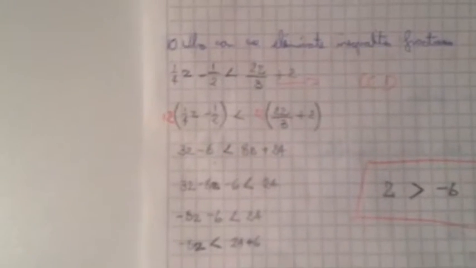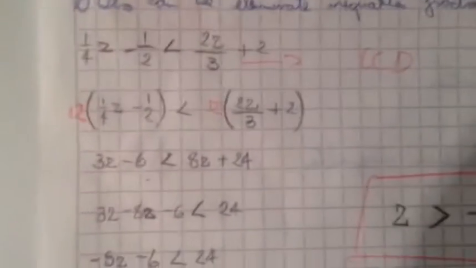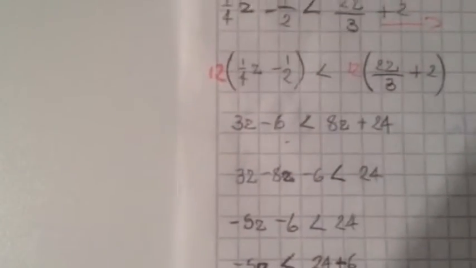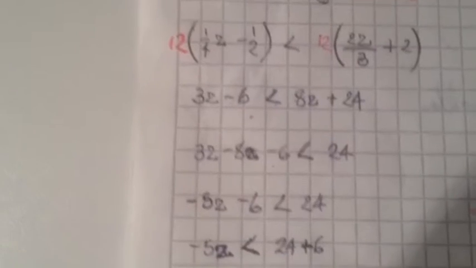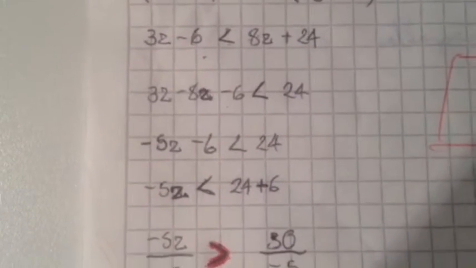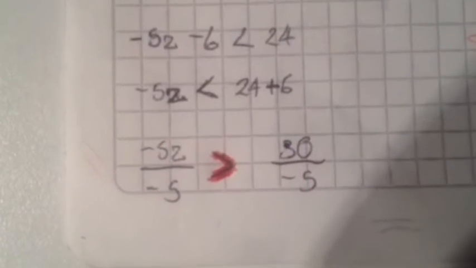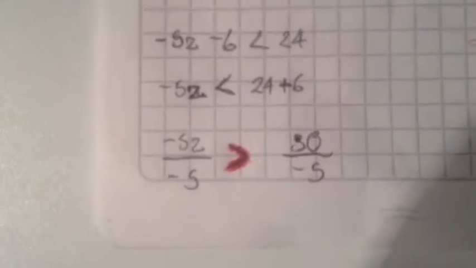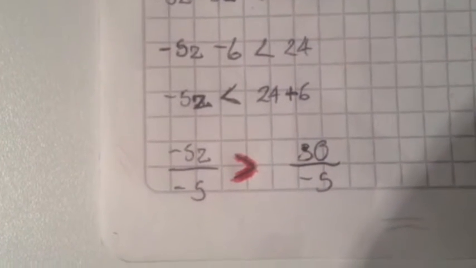So we took 12 and multiplied in both sides. So then we multiply the fraction with 12, then we simplify and combine like terms, until we get minus 5 z less than 24 plus 6.